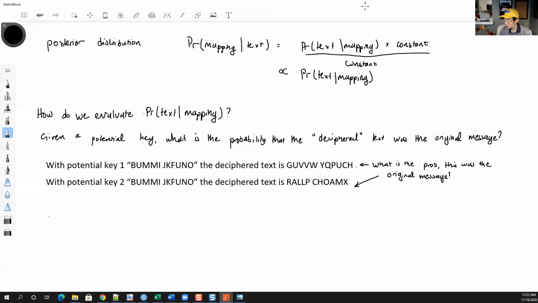Our intuition tells us that the text RALLP CHOAMX is more likely, and it's a little bit strange, but it's more likely this was the original message than GUVVW.